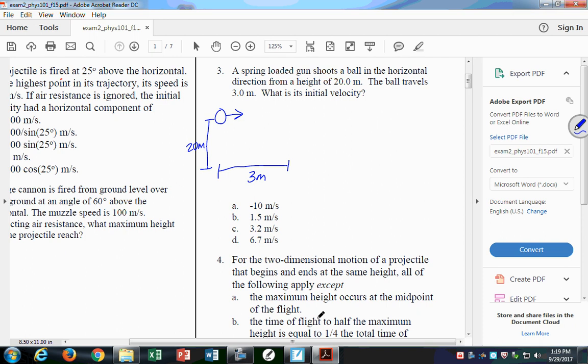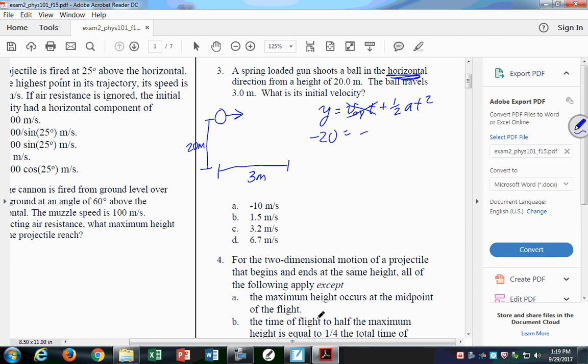We'd say y is equal to v naught y t, and v naught y is 0, by the way, plus 1/2 a t squared. The first term goes away because v naught y is 0 because it's horizontal. Theta equals 0. I have negative 20 equals negative 5 times t squared. So t is equal to 2.